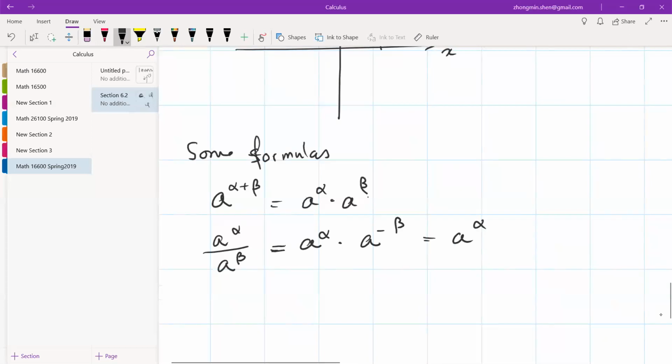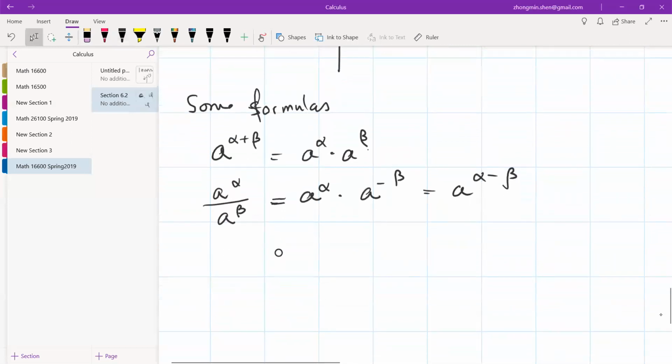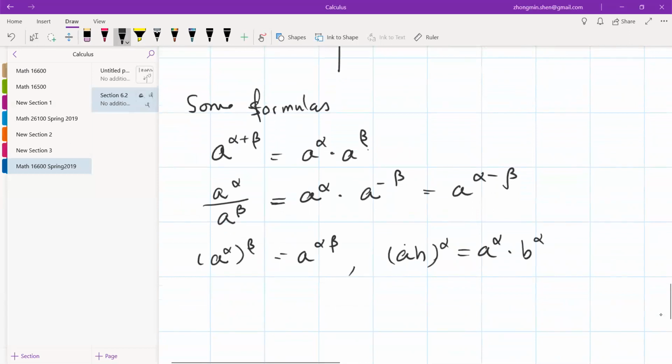It's going to be a to the alpha minus beta. Okay. I think the third formula will be just a to the alpha, to the beta. It's going to be a to the alpha times beta. Okay. Then (ab) to the alpha is going to be a to the alpha, b to the alpha. That's it. So those are the formulas we need.